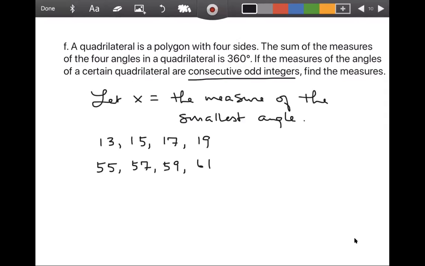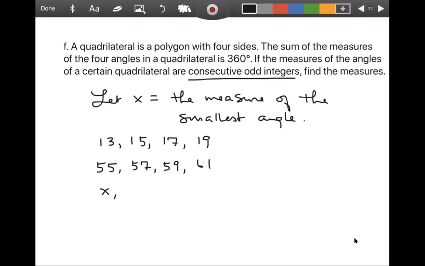So if the first one is x, and I enjoy this situation in particular because whenever I ask students, if I call the first one x, what would the second one be? I'll hear x plus 1, x plus 3. They always want to put an odd number there, which I get.